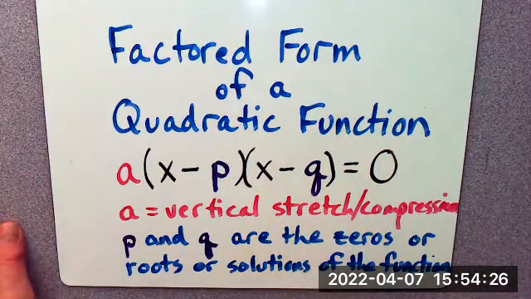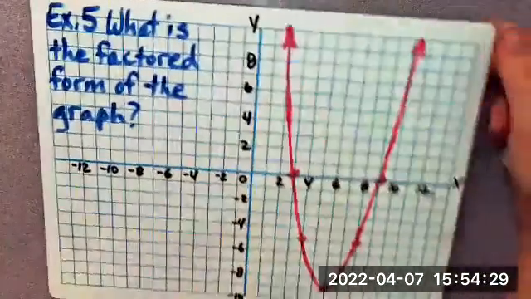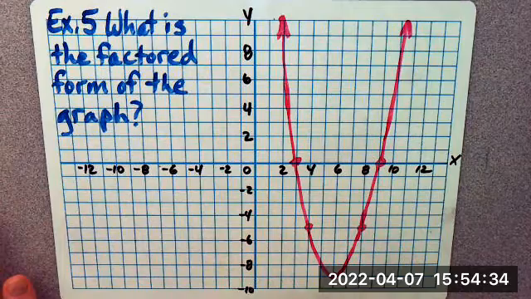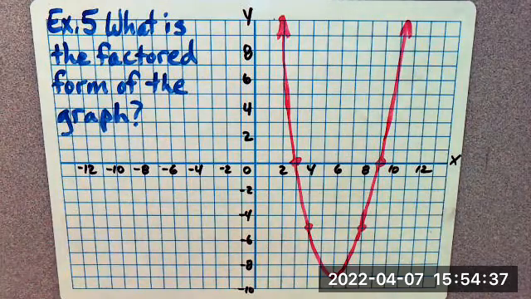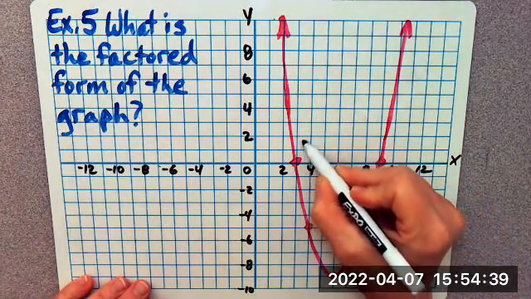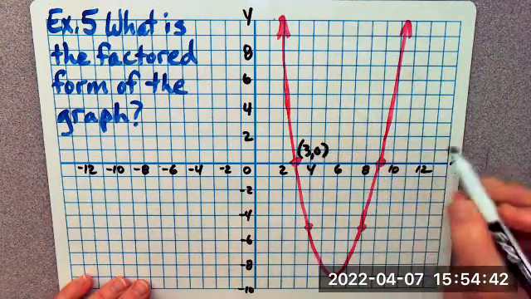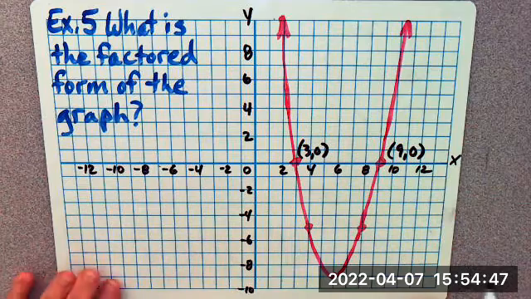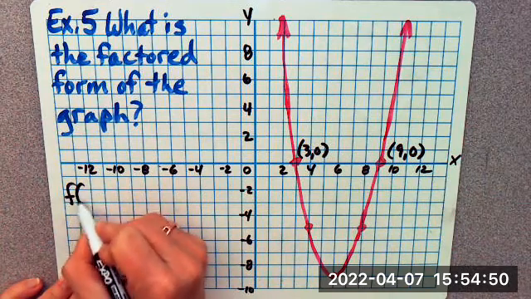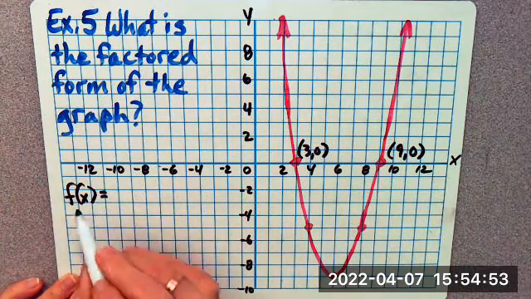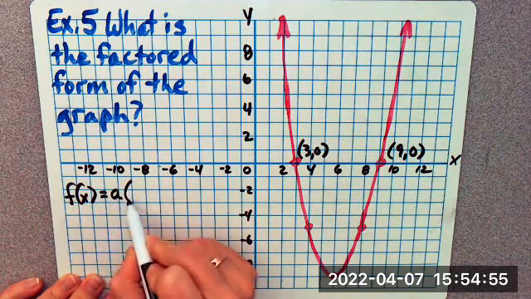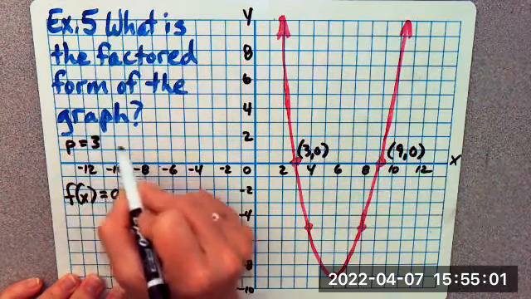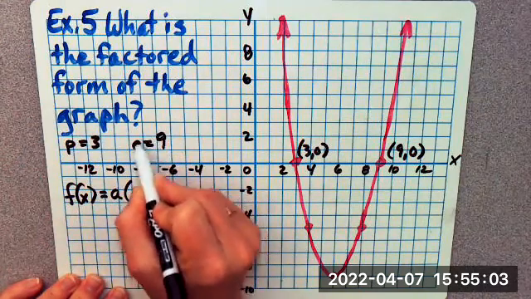So we can quickly find the factored form of this graph because we can look at where it hits the x-axis. So it hits here at 3, 0, and it hits here at 9, 0. So we have f of x equals a times, and our p is 3 and our q is 9.